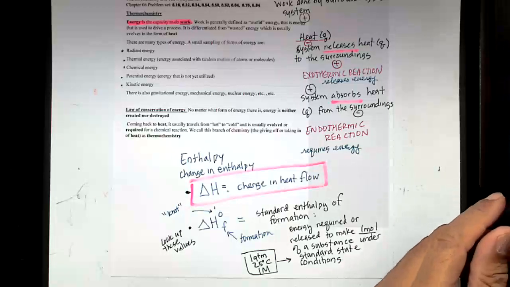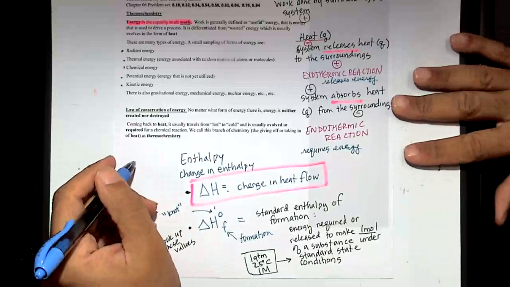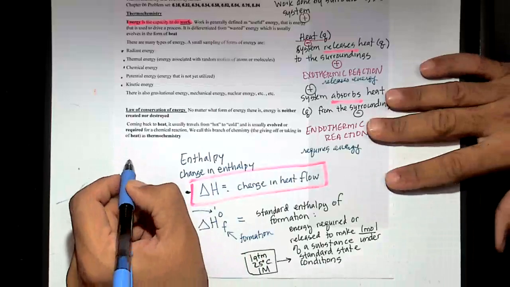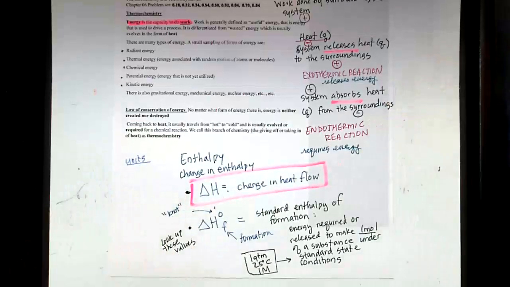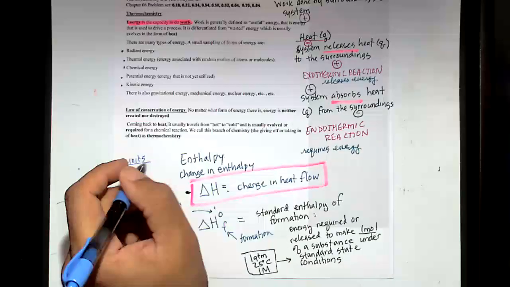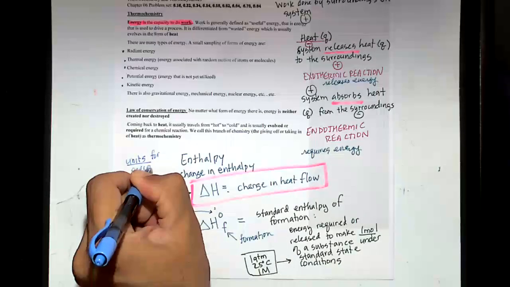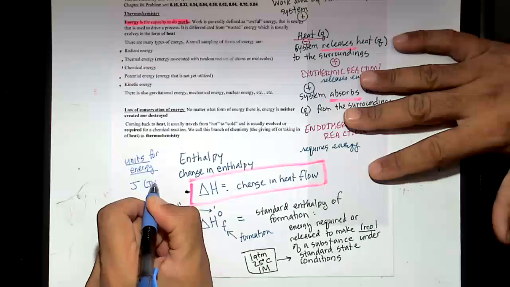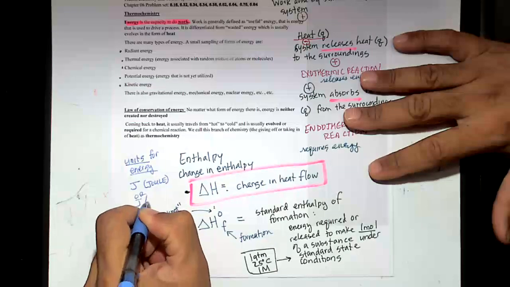Another thing I want to tell you is the units. We want to put the right units, and the units for enthalpy, or units for energy, are going to be joules, or joules per mole.